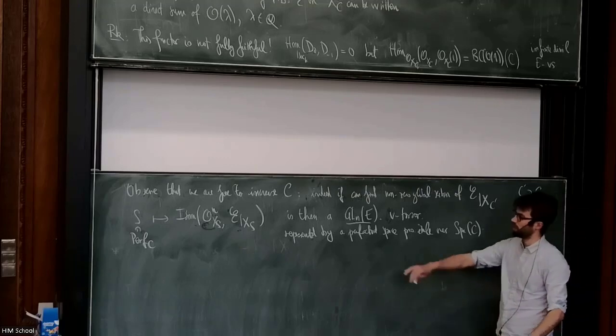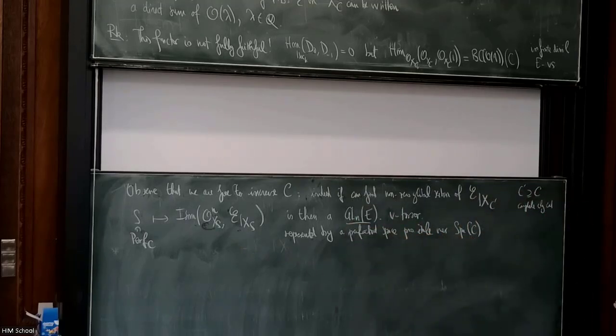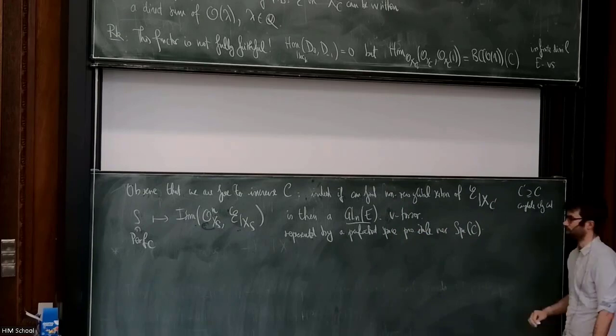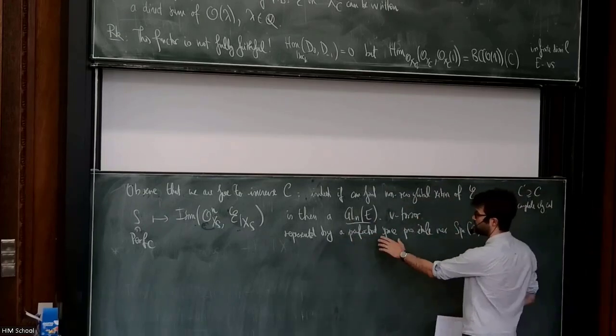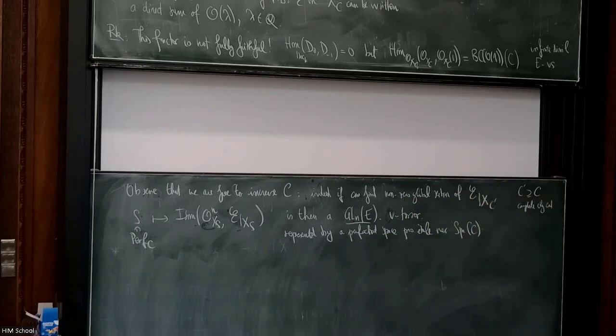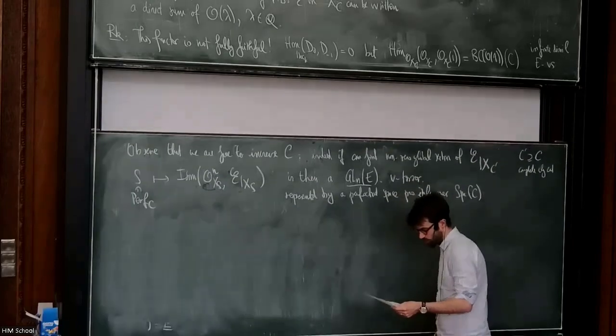And also étale cohomology of diamonds proves that you have v-descent for étale morphisms. So in fact, you can really represent this by a perfectoid space over Spa C. Okay, so that's one further reduction one can do.